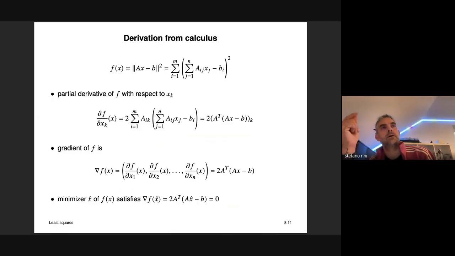So you have to ask yourself: I have studied for 15, 16 years in my life, and I know very well what the derivative of a function with respect to a single variable is.